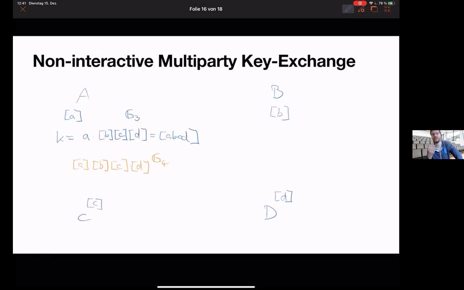So you just pull their public key from their homepage or whatever profile in WhatsApp and start an encrypted conversation without having to wait for them to acknowledge that you want to start an encrypted group chat, right? As it would be the case if we were just using 2 or 3 party key exchange. So that was the new envisioned application of multilinear maps, this non-interactive multi-party key exchange.